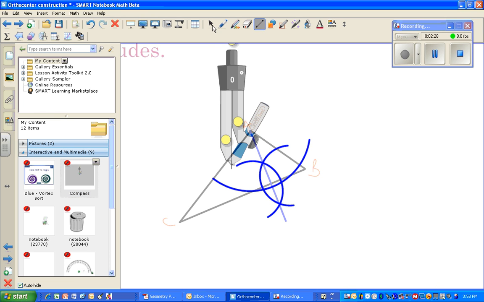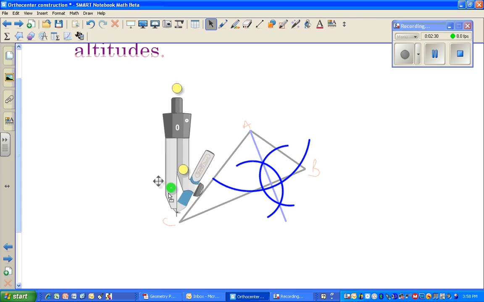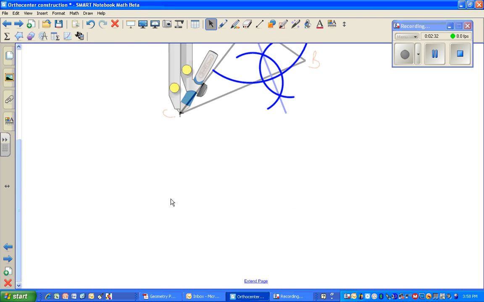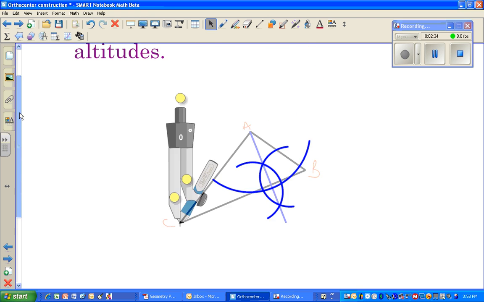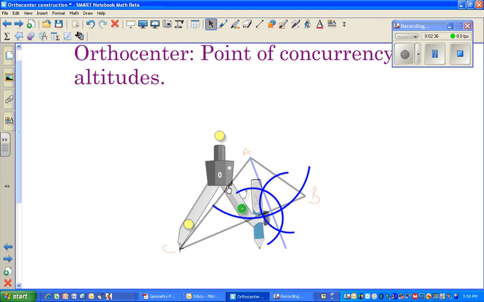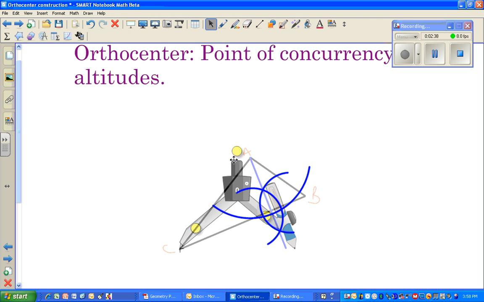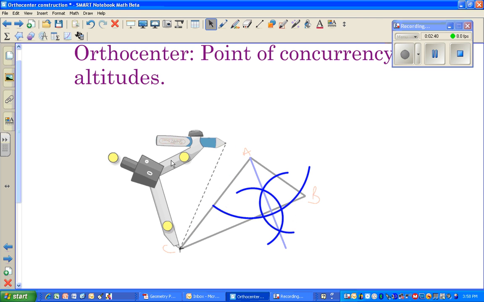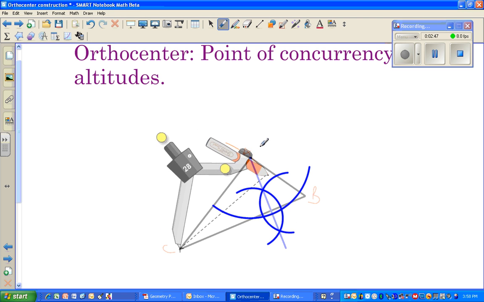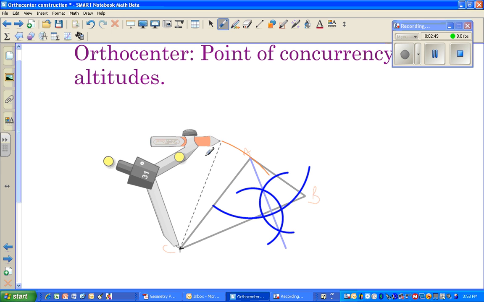I'm going to pivot on C, and I need to swing an arc that intercepts side AB at more than one point. That's not going to be good enough, so I'm going to undo that.